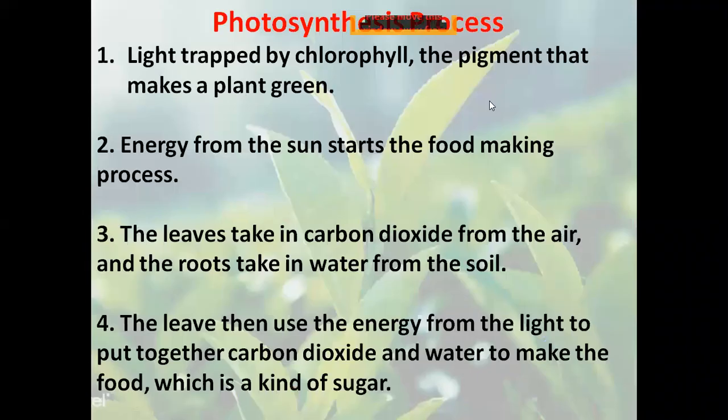So let's continue to talk about the steps of the photosynthesis process. Light is trapped by the chlorophyll. The chlorophyll catches the energy from the sunlight; it is the pigment that makes the plant green. Energy from the sunlight starts the food making process. How? It helps to mix carbon dioxide and water. The leaf takes carbon dioxide from where? From the atmosphere, from the air.